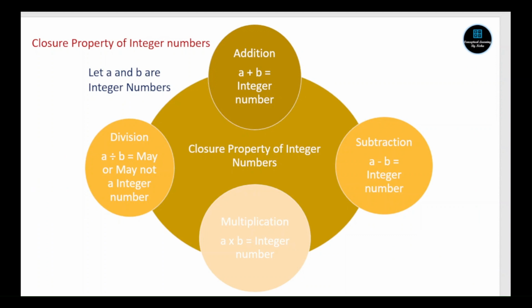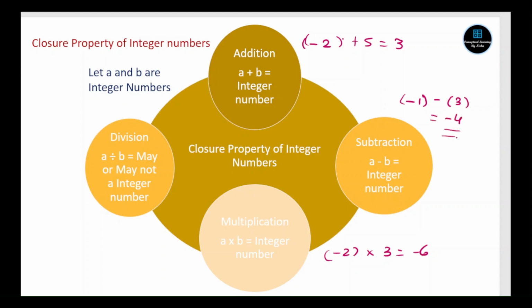Now the closure property of integers. If I take any two integers and add them, let's say negative 2 and positive 5, I'll get 3, right? So that's the closure property. It's an integer value, right? In the same way, negative 2 times 3. What do we get? Negative 6. This is an integer value. Negative 1 minus 3, I'll get negative 4.